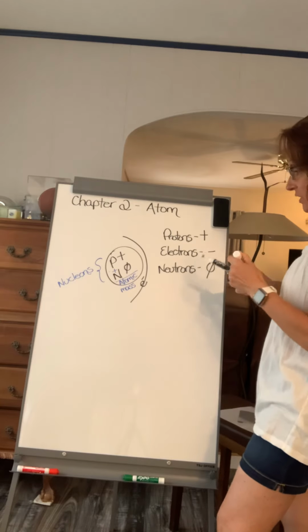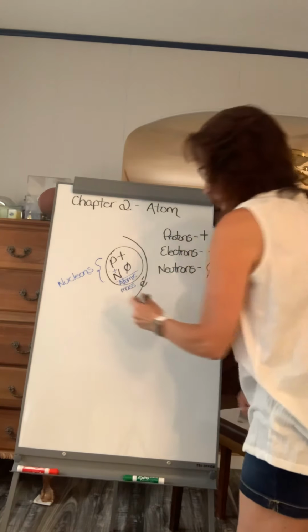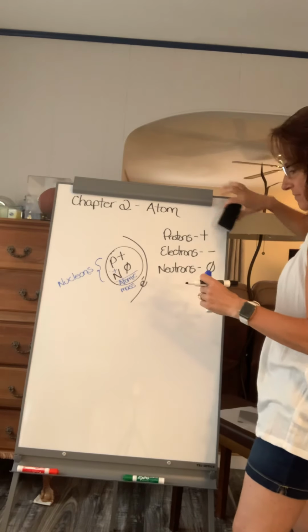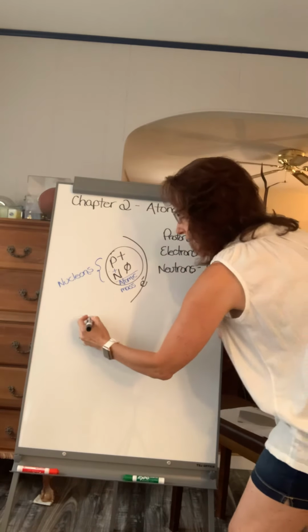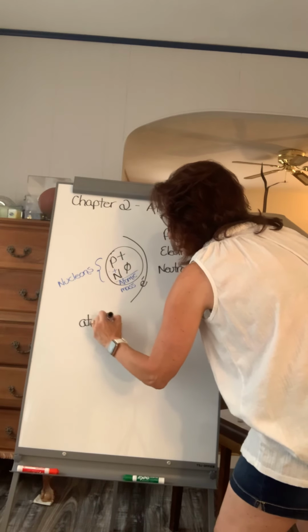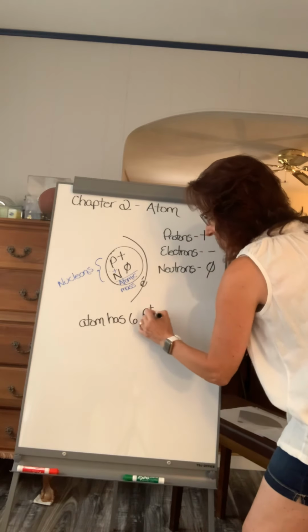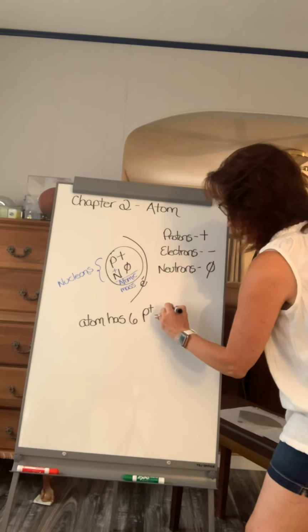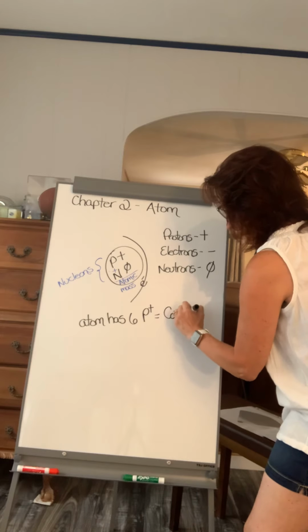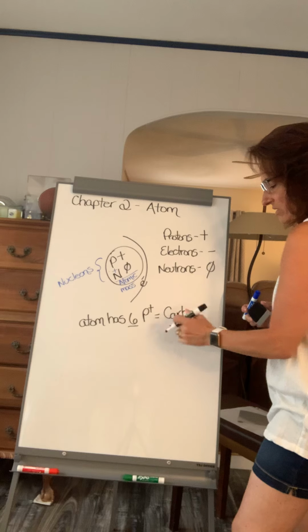Let's see. The number of protons always is your atomic number. So let's just say the atom has 6 protons. Then it would always be carbon, because atomic number 6 is carbon. So if it has 6 protons, it's carbon.